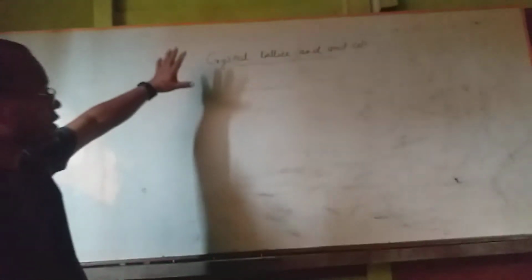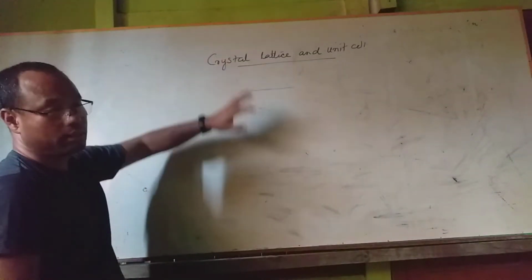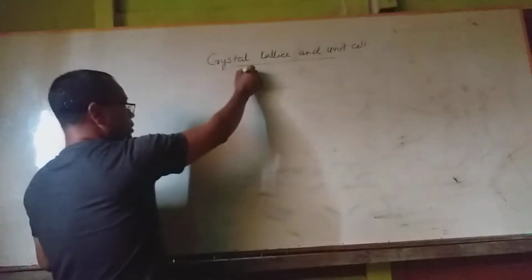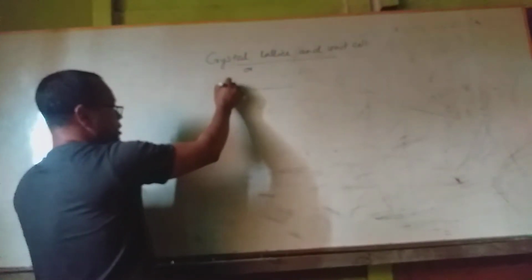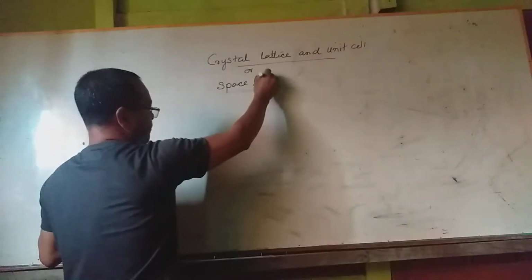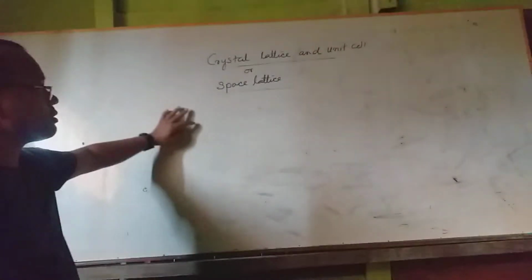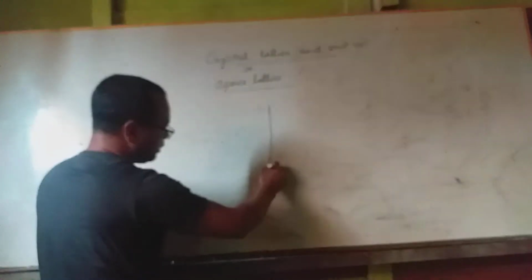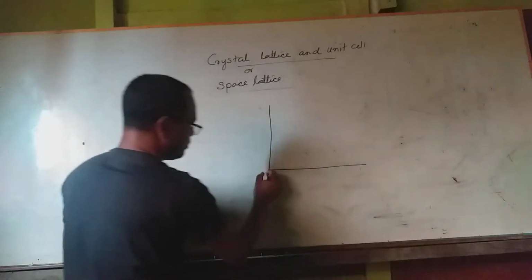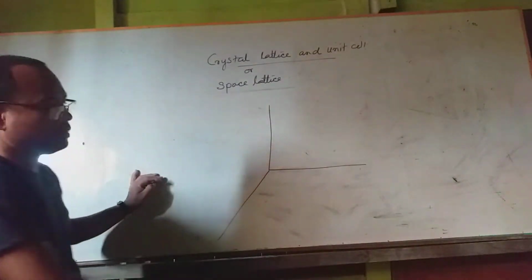So in order to understand the crystal lattice, also sometimes we call it space lattice. What do you mean by space lattice or crystal lattice? So I draw a very simple three-dimensional space.